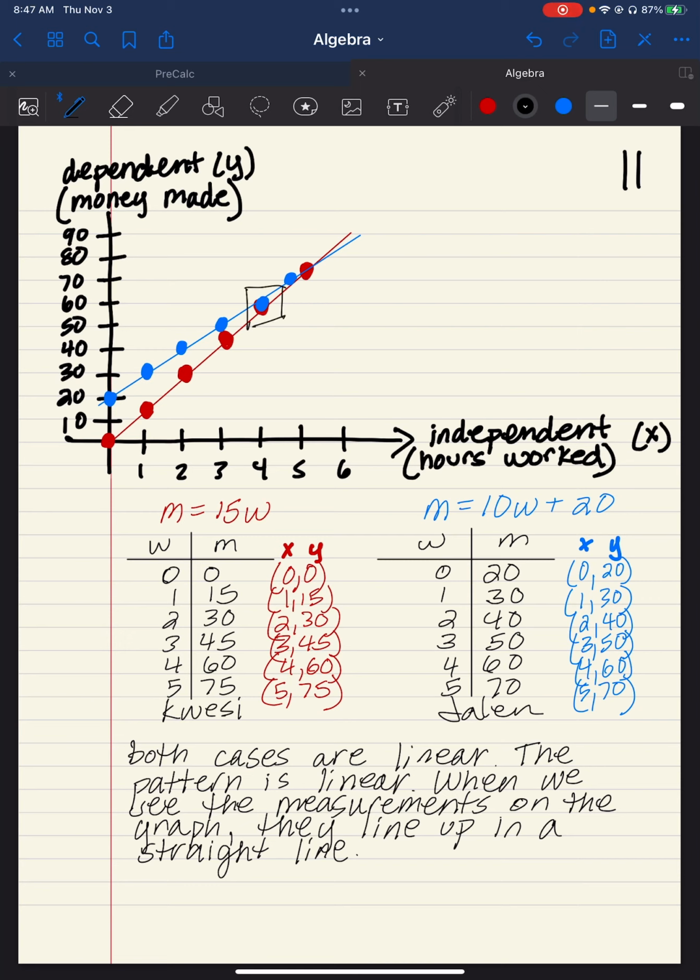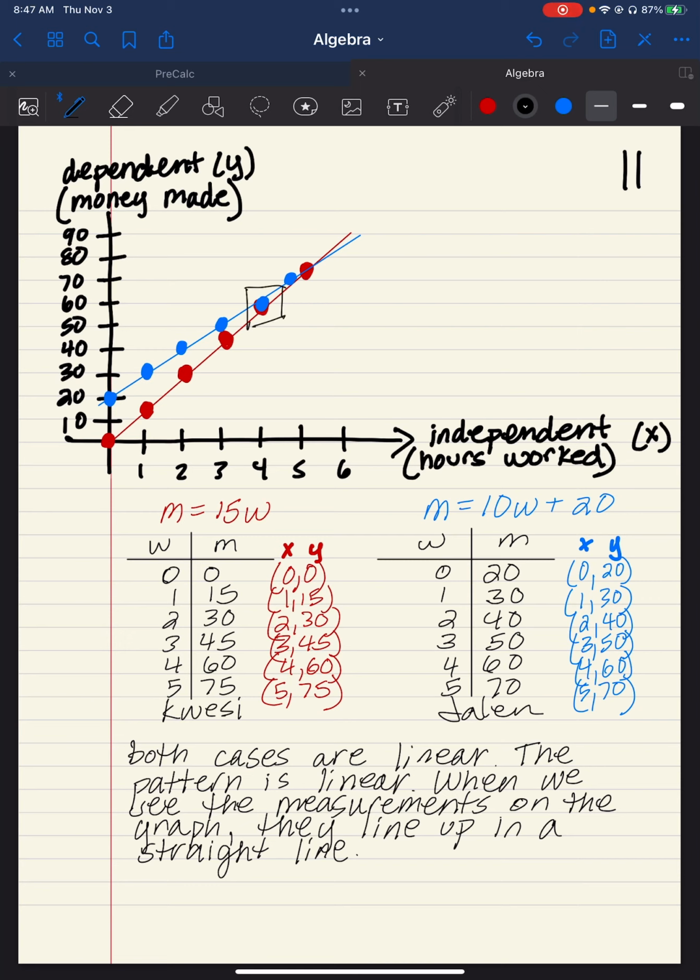The intersection of the lines is where Quessie and Jalen work the same number of hours, and end up with the same money.